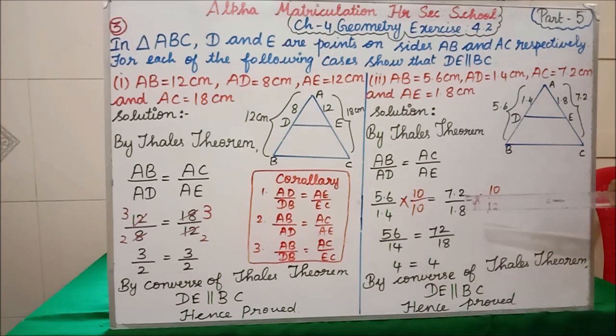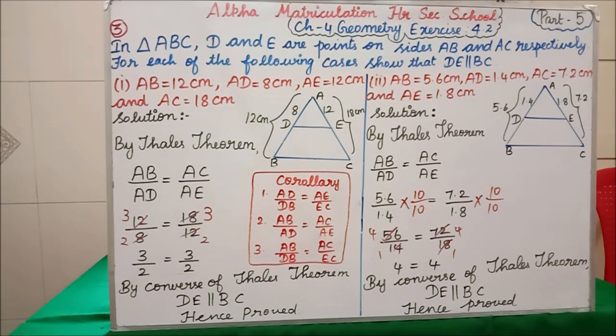Similarly here 14, here 72, here 18. Then in the 14 table how many times will 56 come? 4 times. So when we cancel it, we get 4. Similarly in the 18 table how many times will 72 come? 4 times. So if you cancel both sides, we are getting 4.